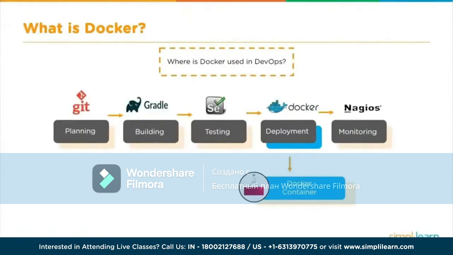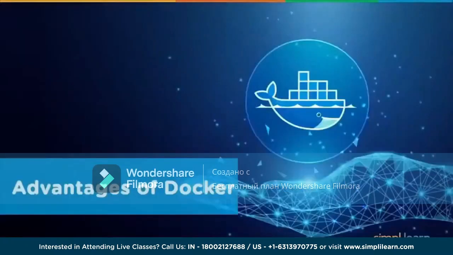In addition, when you're building and testing the code, having a container running the solution at those stages is also a really good plus, because the people building and testing the code are able to validate their work in the same environment that would be used for production. So you can use Docker in multiple stages within your DevOps cycle, but it becomes really valuable in the deployment stage. So let's look at some of the key advantages of Docker.